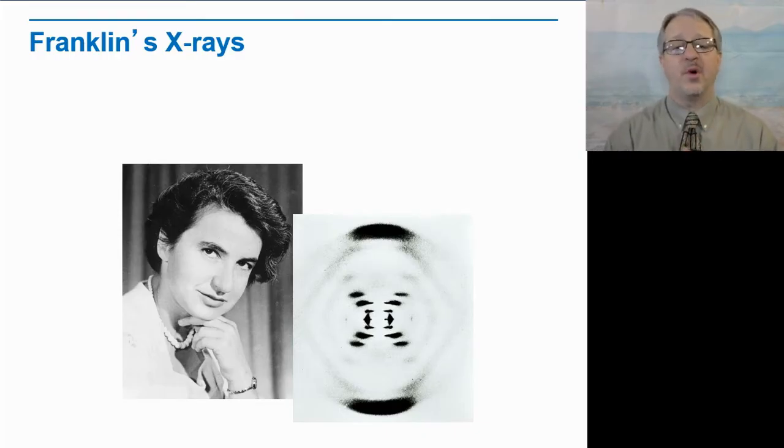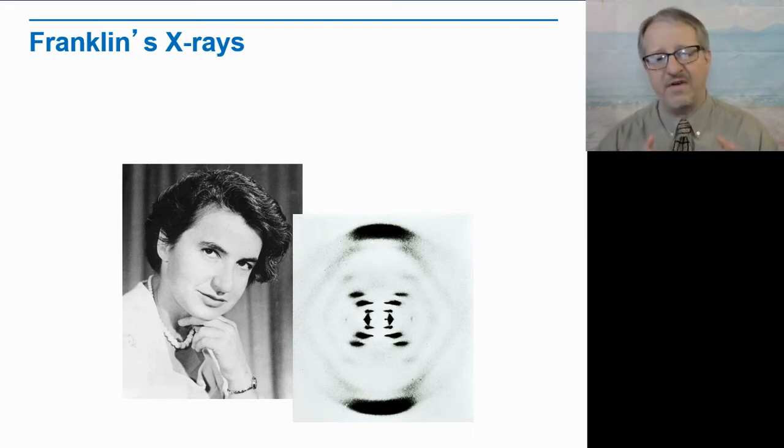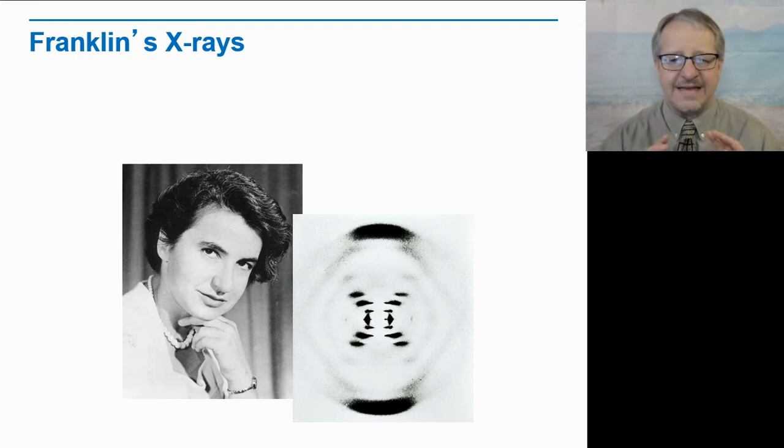Speaking of putting this molecule together like a puzzle, the key to really understanding the DNA molecule was to figure out the shape of this thing. That was very difficult for scientists in the early to mid 1900s. But Rosalind Franklin, this fantastic scientist, used a technique called X-ray diffraction to study the structure of the DNA molecule.